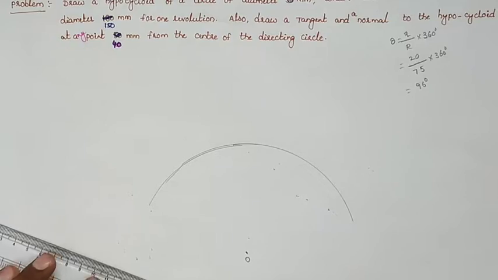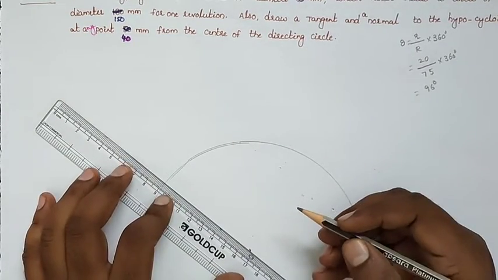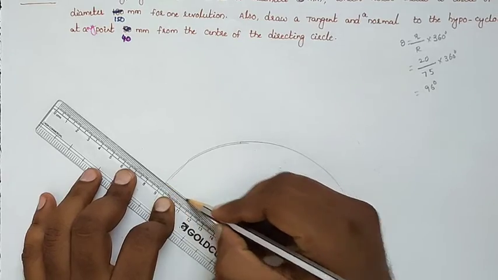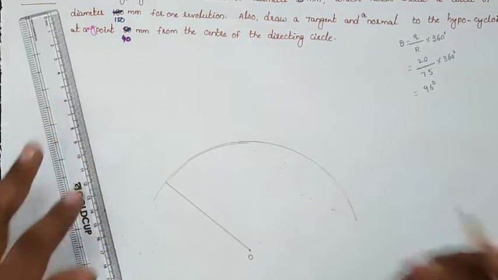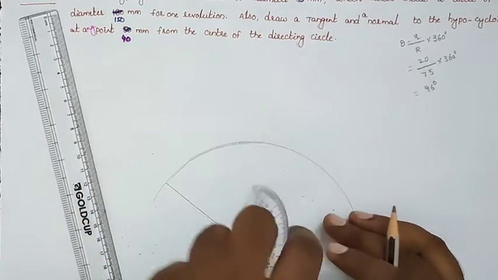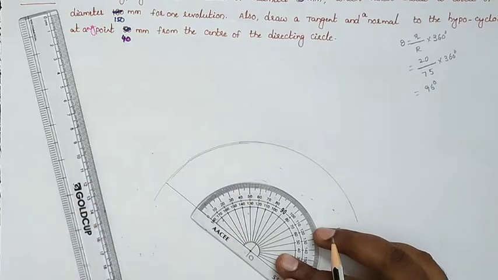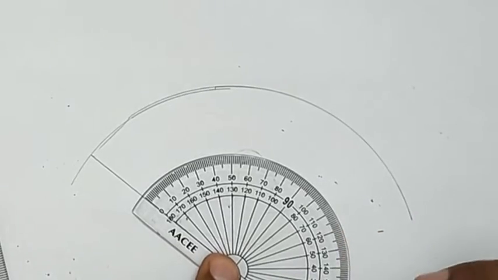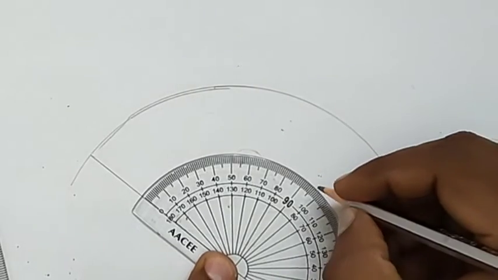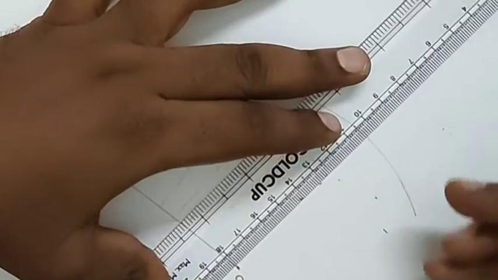After drawing the arc, in any direction we will draw an inclined line, and we will draw the subtending angle by making an angle of 96 degrees with that inclined line, using a protractor, and draw the 96 degrees line in an inclined manner.